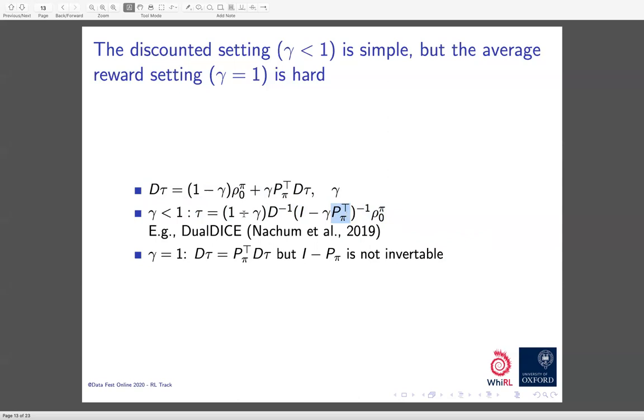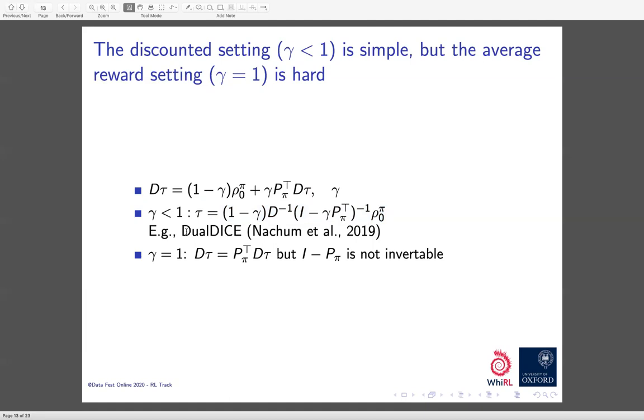So we can't compute the expression of tau directly, but at least this analytical solution shows that tau does exist and tau is unique. So we can use some sample-based method to compute this tau. For example, in DualDICE by Nachum et al. 2019.